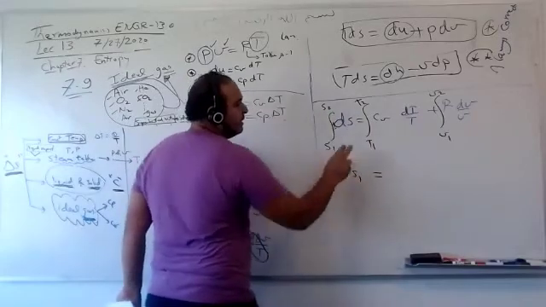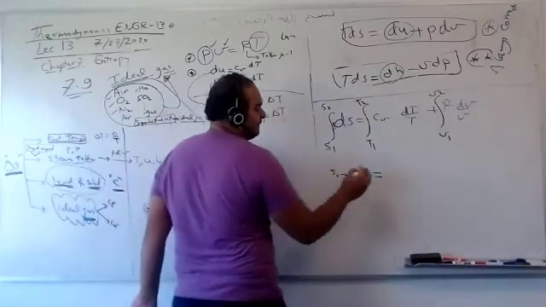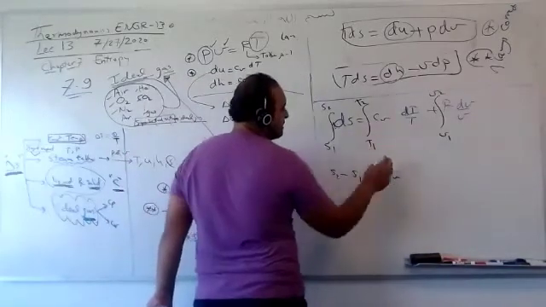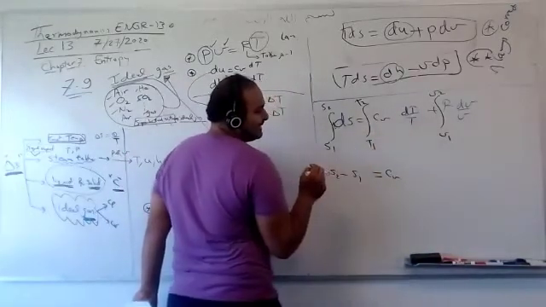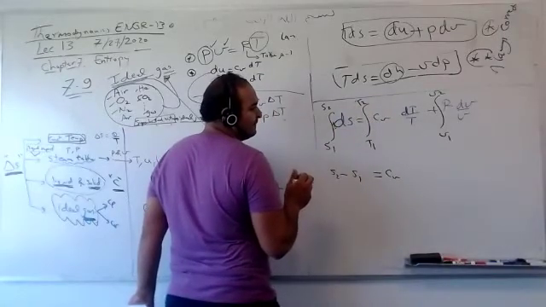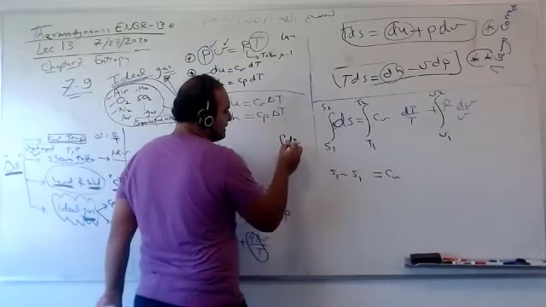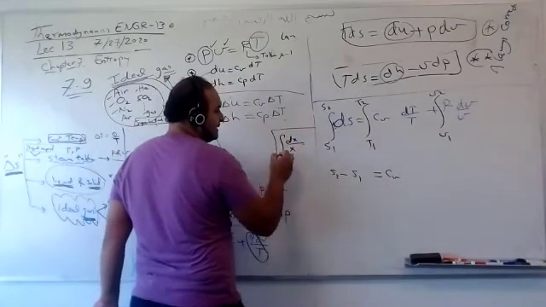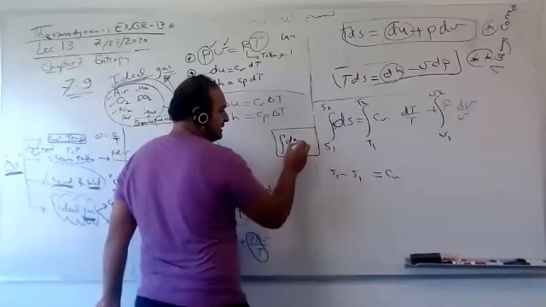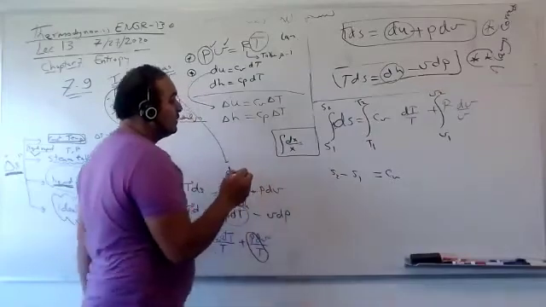Here, dT over T. Integration is what, guys? Cv is constant. Integration of dT over T is what? Integration of dx over x is what? ln x.